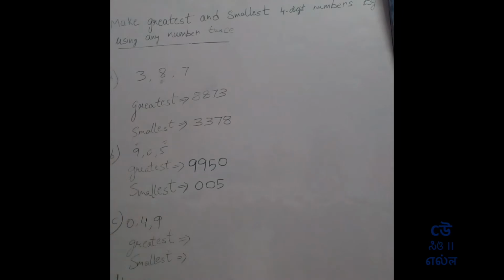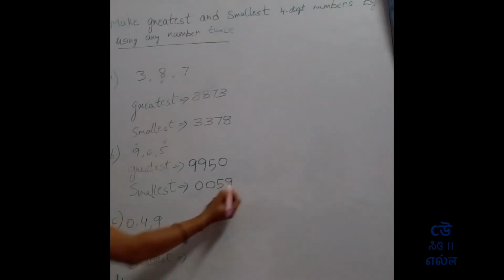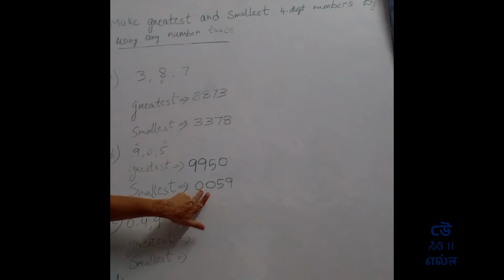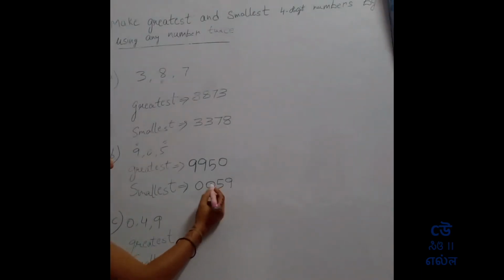Then the remaining is 9. So we get 0059. But one condition we should follow is that the number we form cannot start with 0. So what to do? In that case, we have to shift these two zeros after the next number.